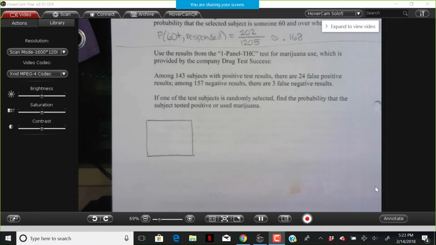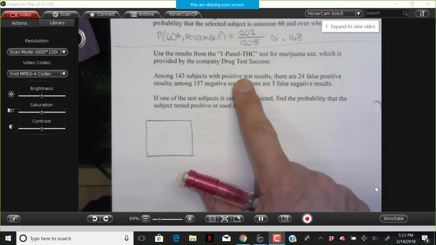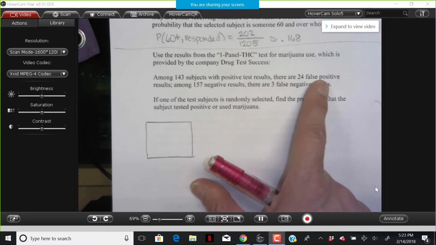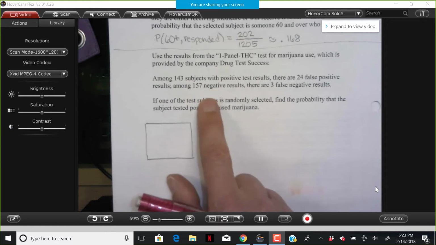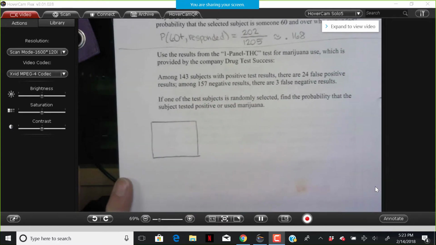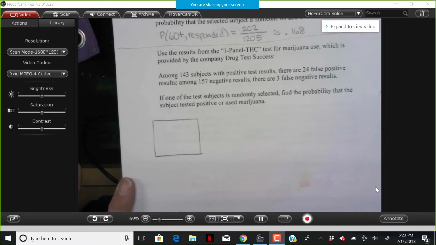So we have positive test results and false positive test results, and then negative and false negative.